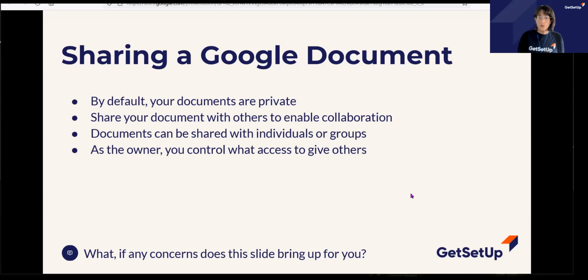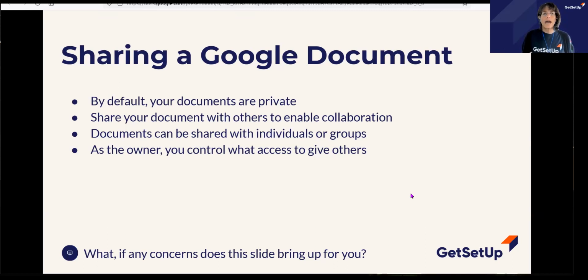Now, as the creator of a document, a file, you're the owner. You decide who you would like to share your file with. And then once you've done that, you also control what permissions, what access they have to that shared file. Can they do edits? Can they just add comments? Can they just view it?